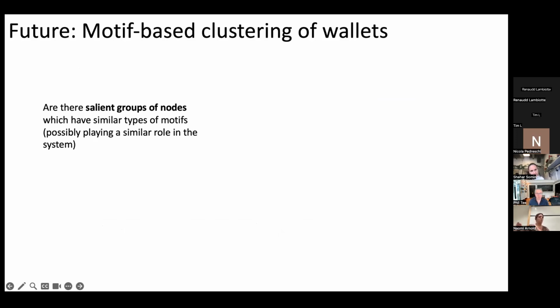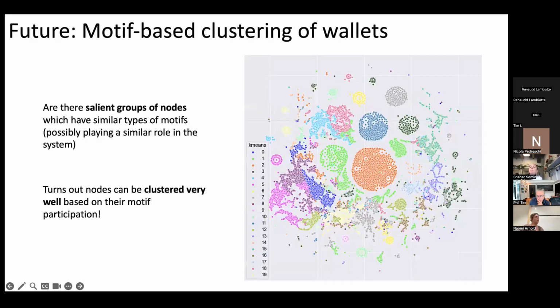Like, do you get people with similar proportions of motifs, and might there be something helpful to find different roles within the system?